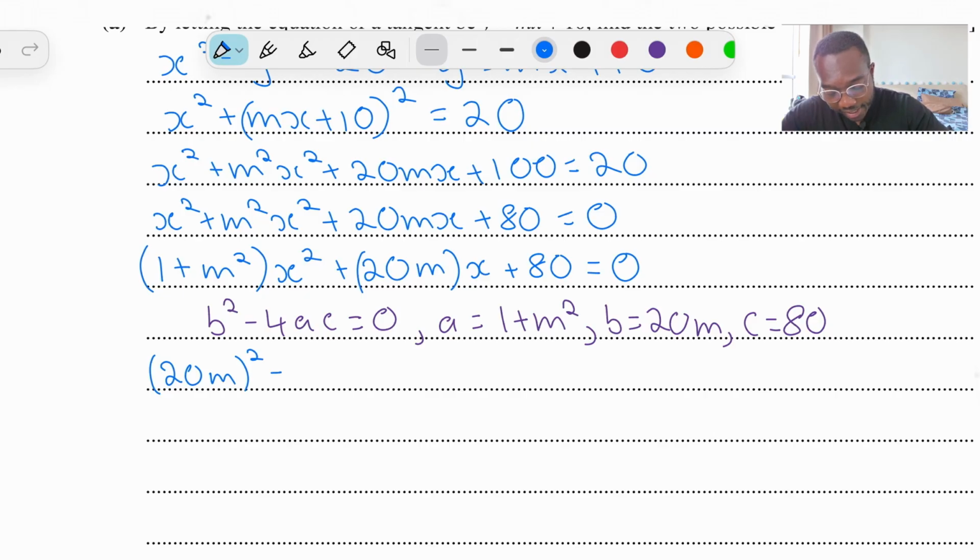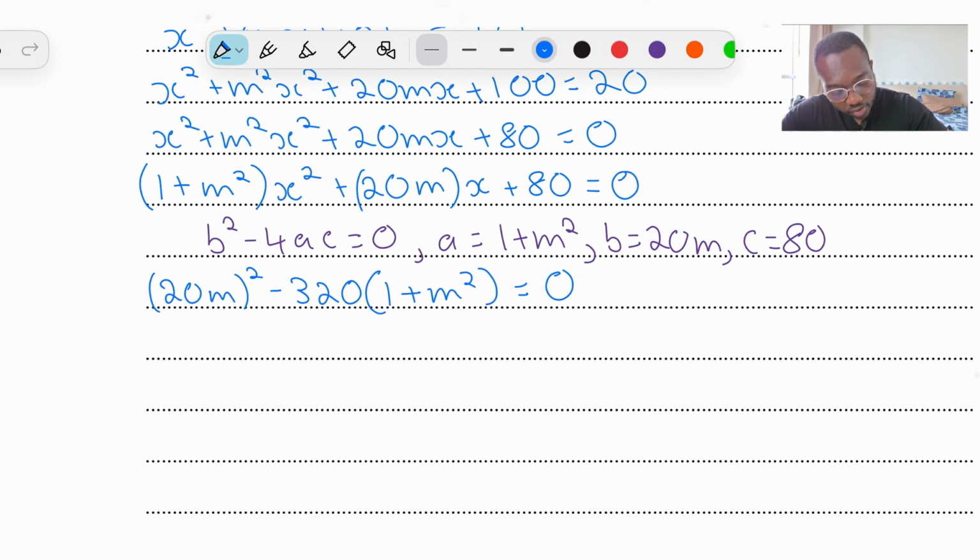So it'll be 4 times 80, which is 320. Now I'm going to multiply by the a, which is 1 plus m squared, and we know that must be equal to 0. So 20m all squared is 400m squared minus 320 minus 320m squared.